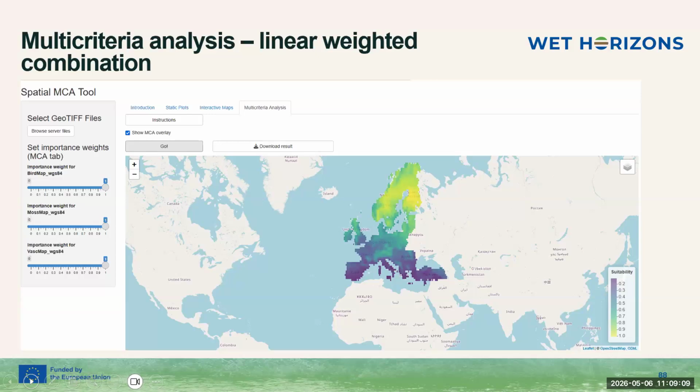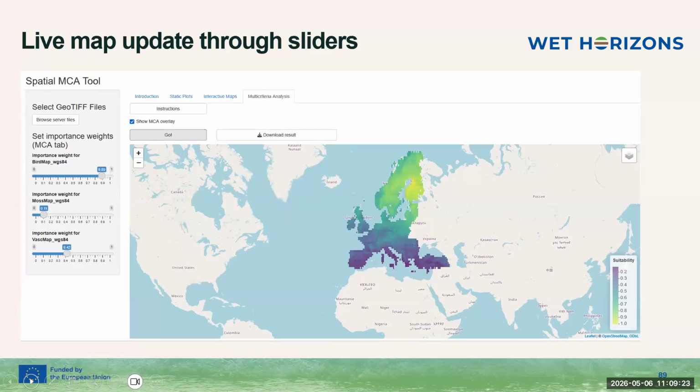But you can use the layers to explore interactively. So if you change the importance with the slider, next please, you can see that the map changes. So for example, in this case, when the sliders are moved, there's an area in Central Europe that appears more important, and the areas in Scandinavia appear a bit less important than before.